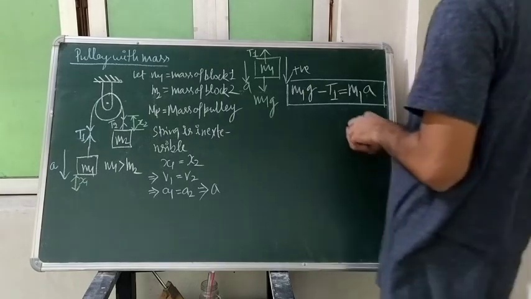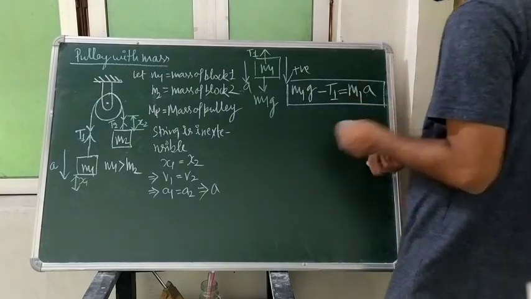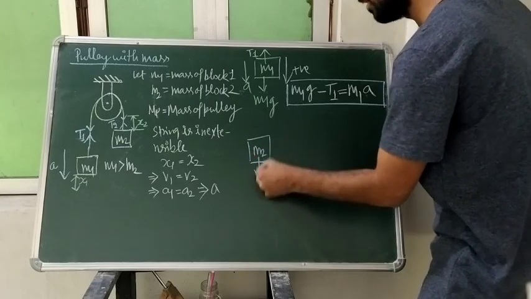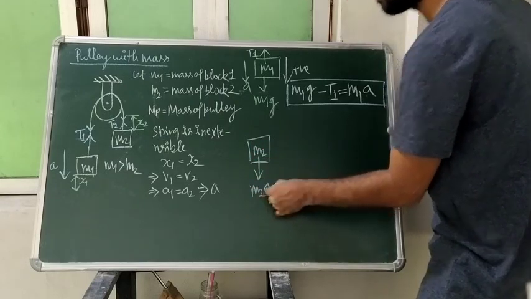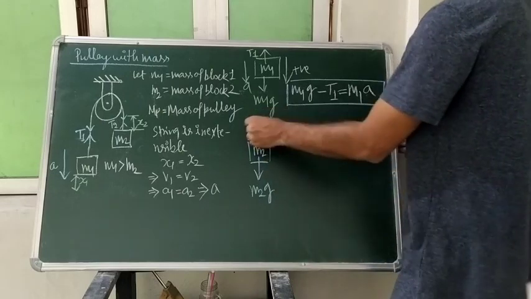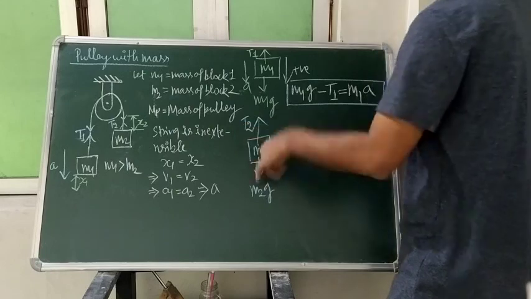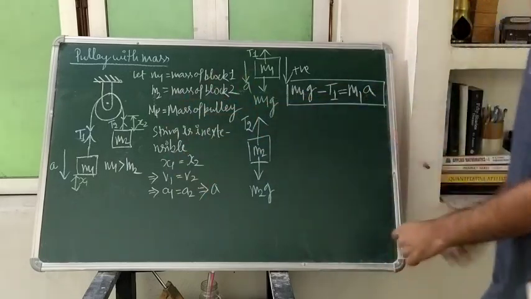Now the FBD of m2: m2g will act in the downward direction, and the tension here will be different from that other end, which we call T2.